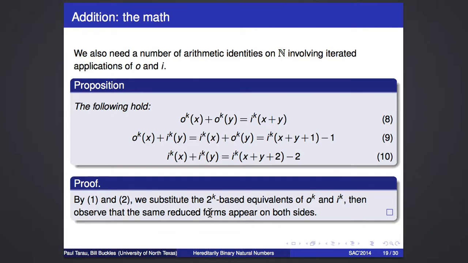So to do addition, we use a few arithmetic identities that express what's happening when a block of k O digits and another block need to be added up. Well, this is a very simple thing.